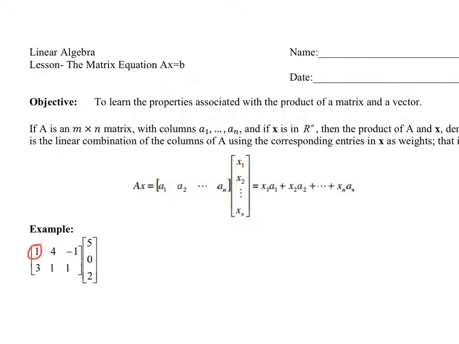So I'm going to do 1 times 5, 5. 4 times 0, 0. -1 times 2, -2. And then I'm going to add those three bad boys together.